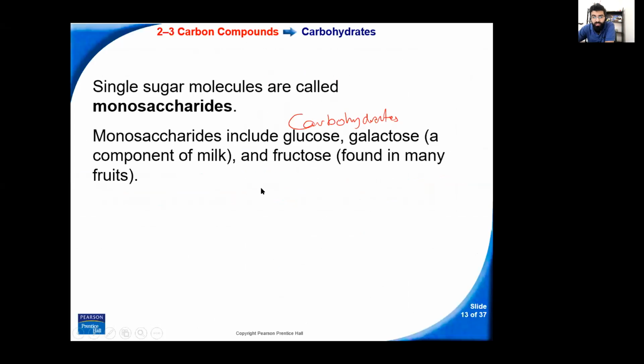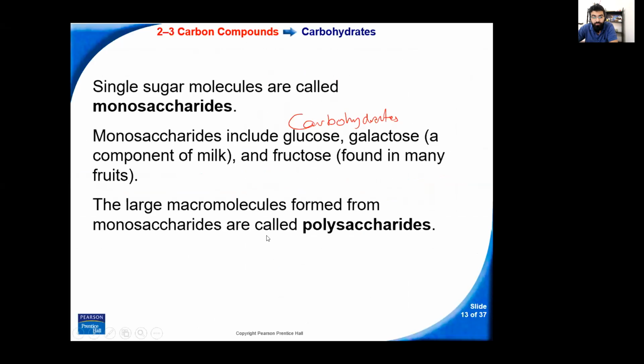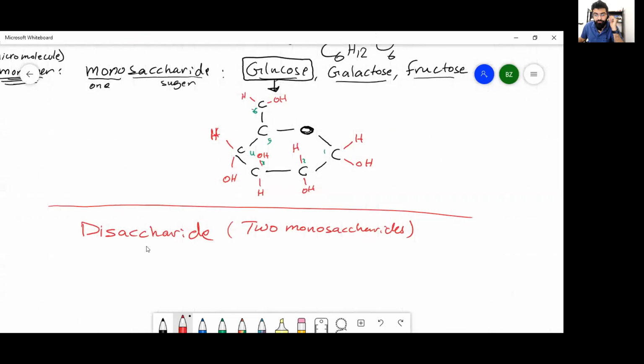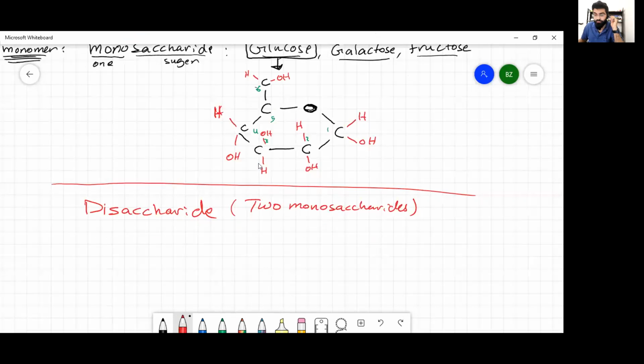The monosaccharides: glucose, galactose. By the way, galactose is the sugar found in milk. Fructose is the one found in fruits. Here, the large molecules formed from monosaccharides are called polysaccharides. I told you on the board, if two monosaccharides, we call it a disaccharide.